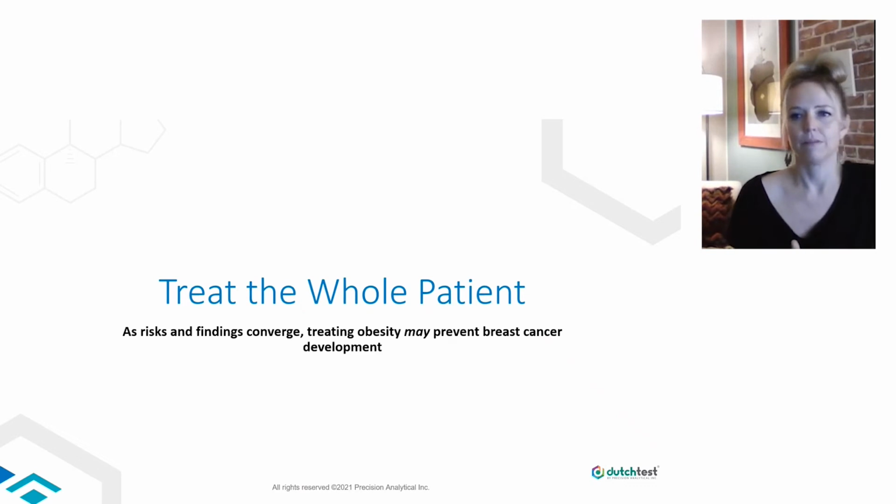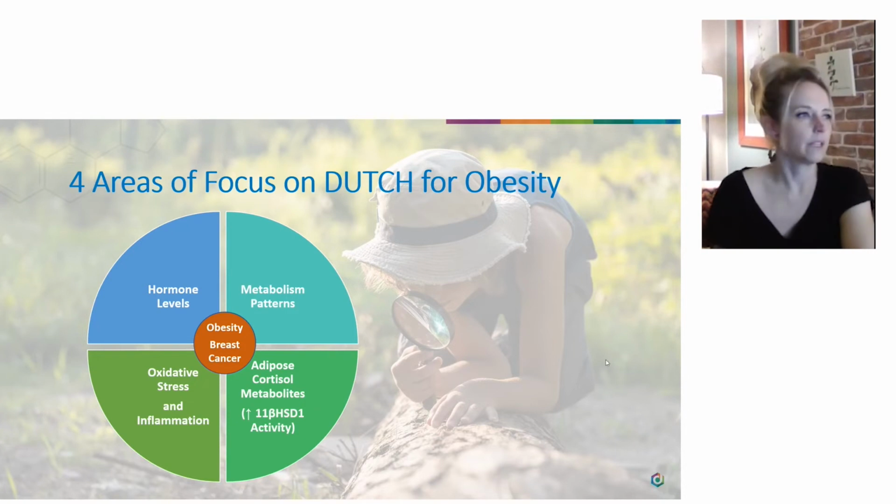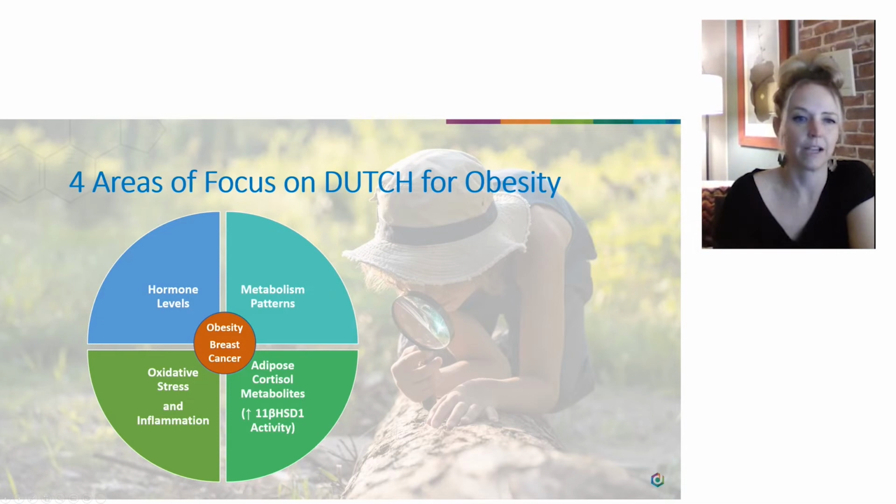We can add that maybe to the list of preventables here. But there are 4 areas of focus on the Dutch when we're assessing someone to figure out where to start for weight management support so that we can treat that whole patient. With the Dutch test, when it comes to obesity, from my perspective, we're really looking at 4 sides of the story.